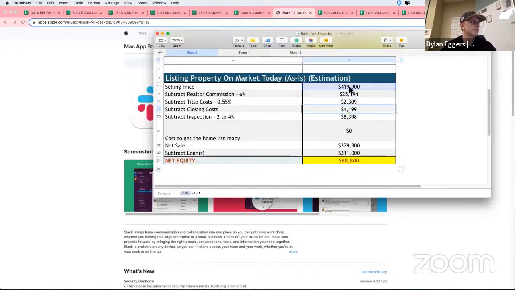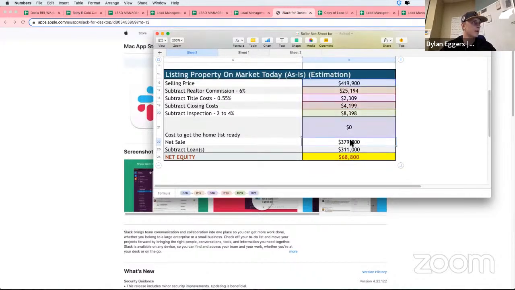Subtract closing costs is times 0.01. Inspection times 0.02. And then net sale is B16 minus realtor commissions, title costs, closing costs, inspection, and getting the home list ready. And that's your net sale. Then their equity is just net sale minus the loans.